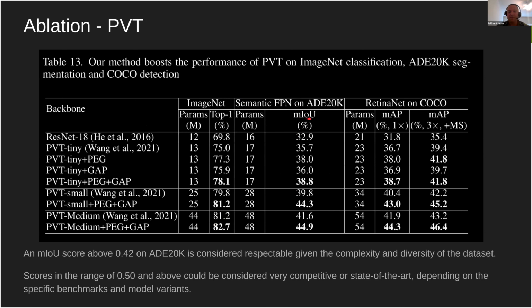Mean intersection over union sounds very similar in calculation to dice, and on this data set, 0.42 would be considered respectable, and 0.50 would probably be considered state of the art. It gets better than the ResNets and the PVT without their positional encoding and global average pooling, but there's still probably room for improvement.